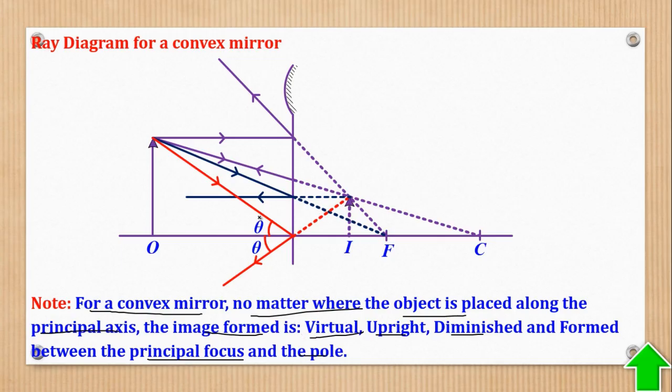I think you remember the note we made for a concave mirror is that the closer the object is to the mirror, the further away the image is. But for a convex mirror, irrespective of where the object is, whether close or far away, the image must be between the pole of the mirror and the principal focus.